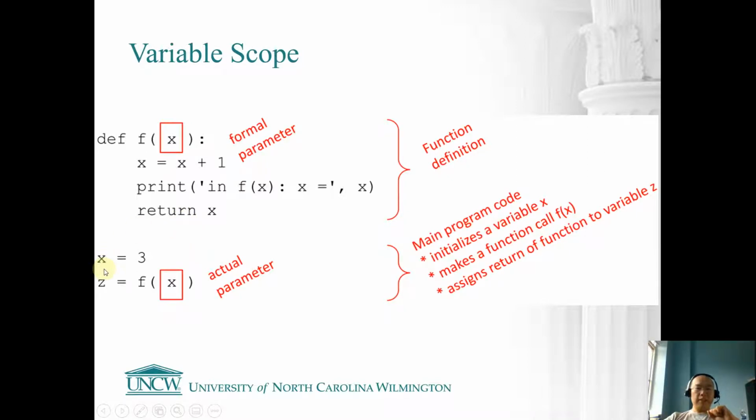But the tricky thing is here. Outside, I have another x. Is this x a local variable name or a global variable name? This x is a global variable name because it is defined outside the function definition, right? So this x is a global variable name, and then I also have another x, which is a local variable name.